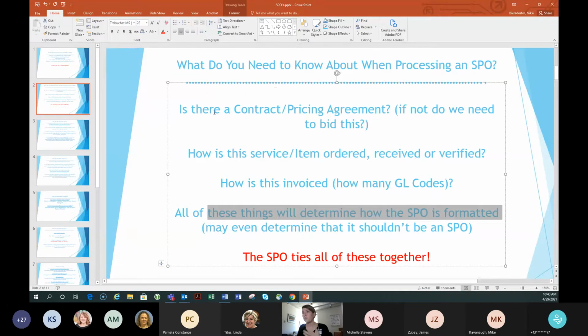Even to the point that sometimes you're going to be doing this research and you realize, this probably shouldn't be an SPO. This should probably be a catalog. Okay, because I've had end users ask me, can't we just cut an SPO for this vendor managed inventory? And I'm like, we can, but don't you approve what the vendor brings?